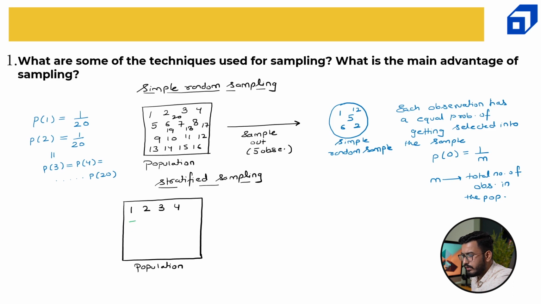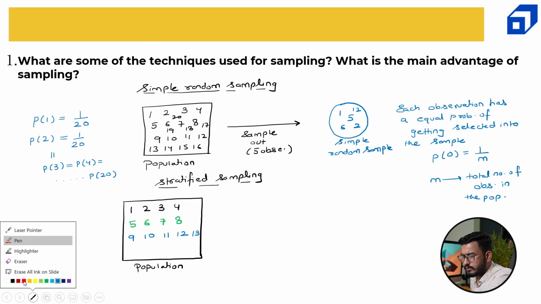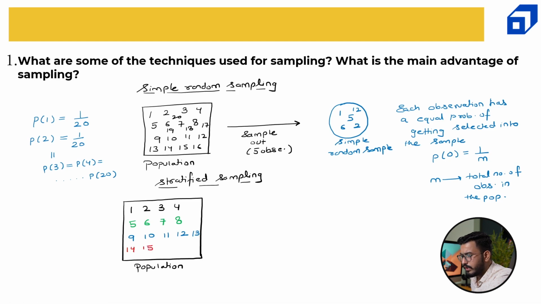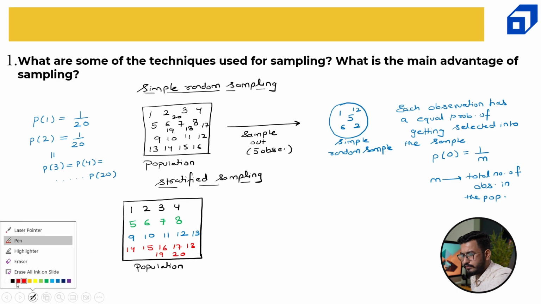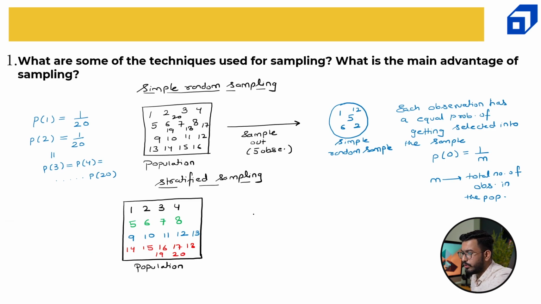Then we have 5, 6, 7, 8 in green, followed by 9, 10, 11, 12, 13 in blue and red, then 14, 15, 16, 17, 18, 19, and 20. So here in my population, I have 4 groups.